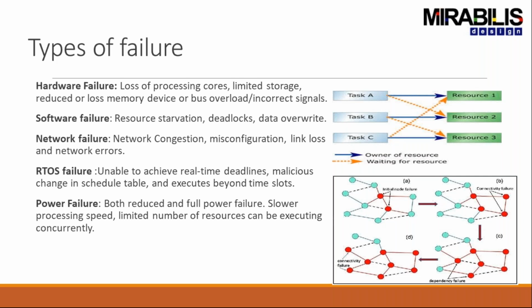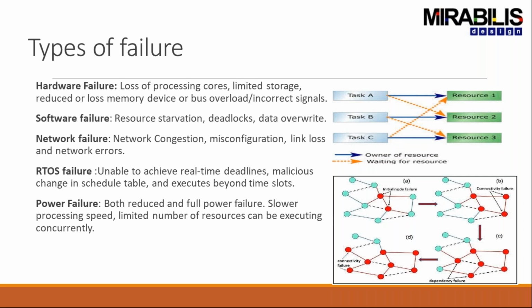Now for network failure, I already showed you all the failures in the network: incorrect sequencing of messages, loss of link, and congestion in the network. For RTOS, we have the case where the execution time of the process is greater than the slot time. So what will happen?